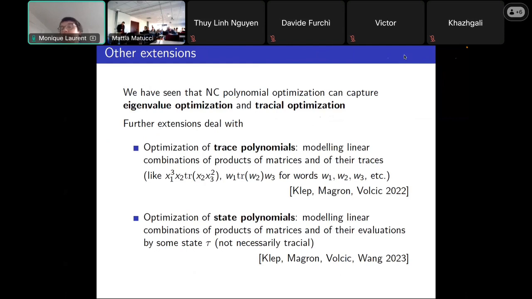I must say I don't remember just now how they proved it exactly. This was again Helton and McCullough, who showed the analog for the truncated case under the Archimedean condition. But these are nice papers, and I advise you to look at them.